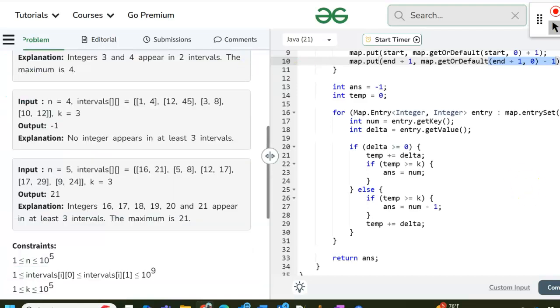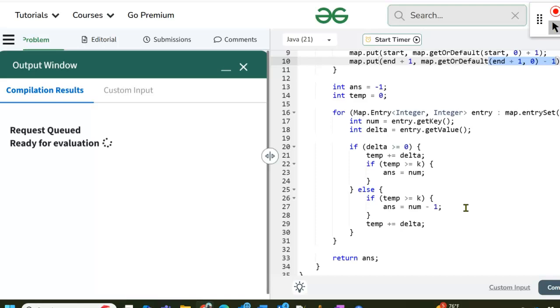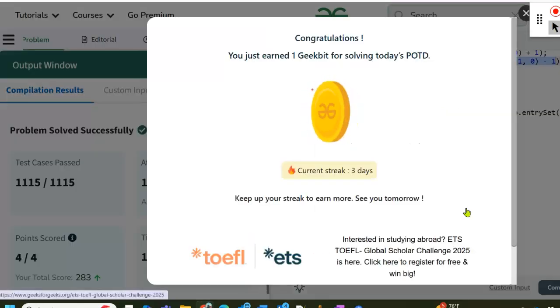Well, let's submit it then. It's a little bit slow, maybe a lot of people doing algorithm challenges this afternoon. All right, there we go.